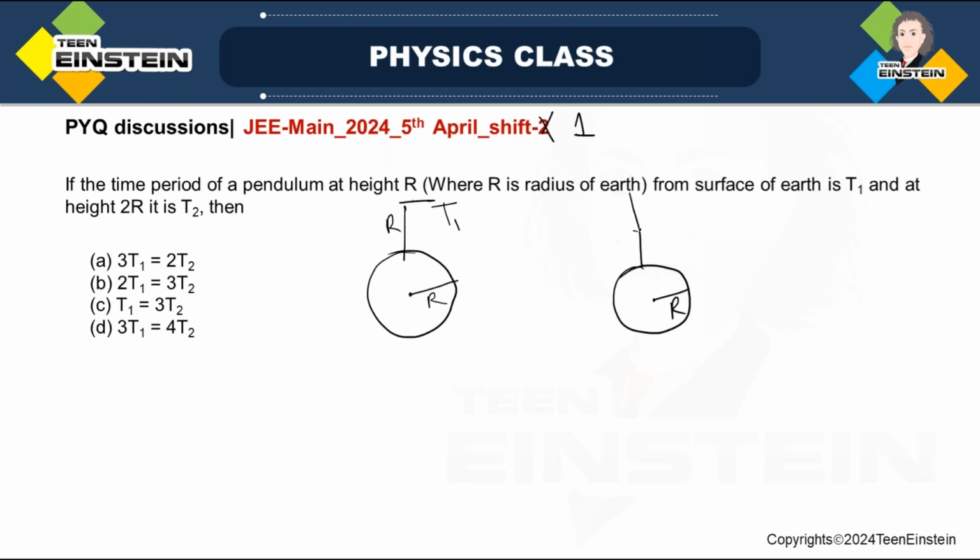Earlier it was r, now it is 2r from the earth surface. So what will be the time period? We have to find out, so we have to see the relationship between T1 and T2.